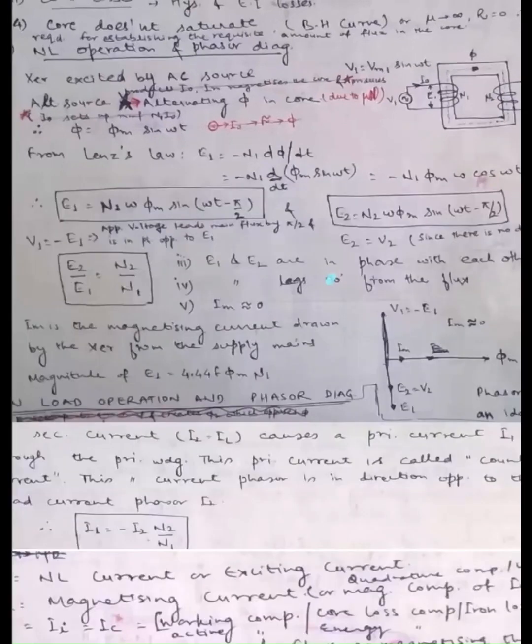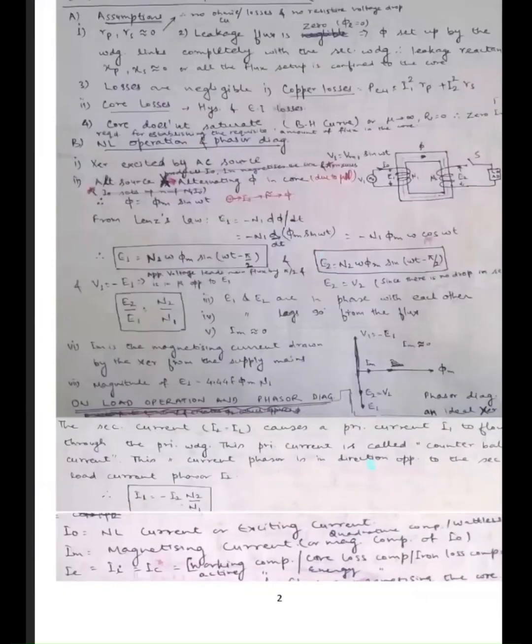So if the EMF E1 is, this is E1, it is lagging the flux by 90 degrees, and E1 and E2 are in phase, and E2 and V2 are in phase, but this E1 and V1 are out of phase. So applied voltage leads the flux by 90 degrees and EMF lags the flux by 90 degrees. Okay, clear?